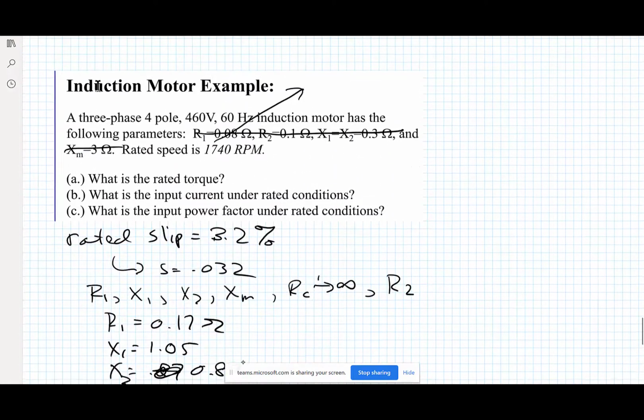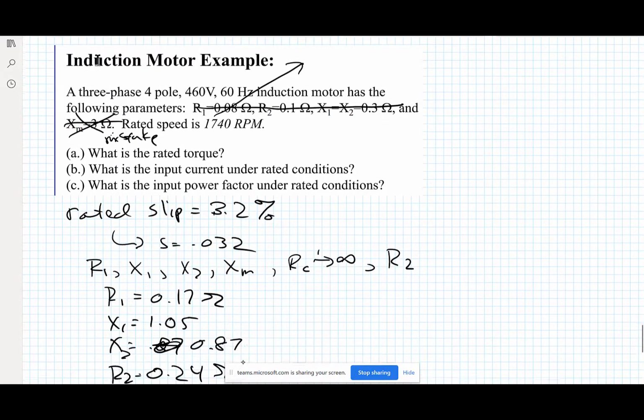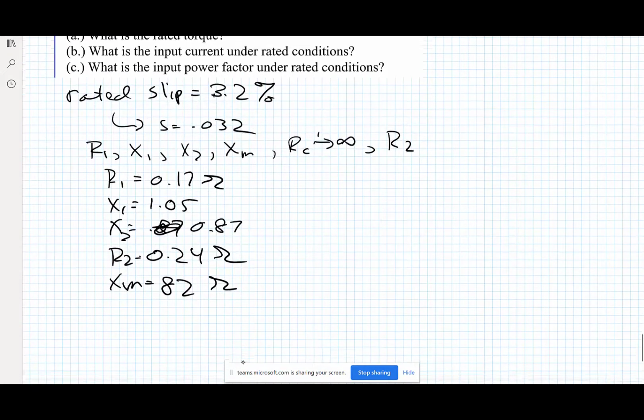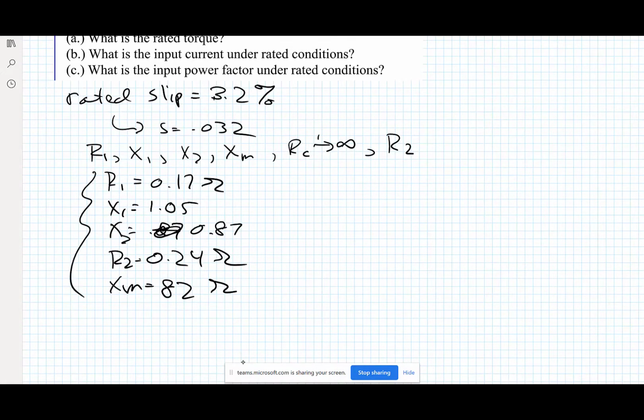I think that's a mistake too, it's too close to the other values. But anyways, these are the parameters I'm going to give you.